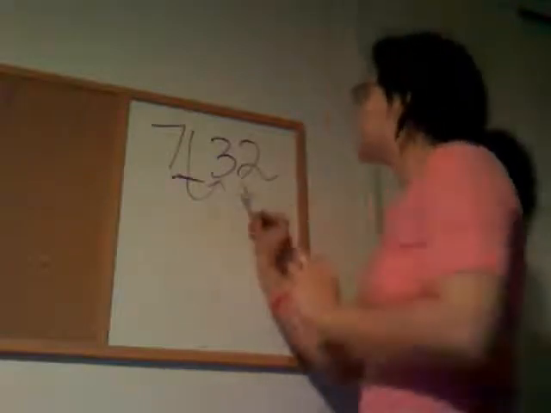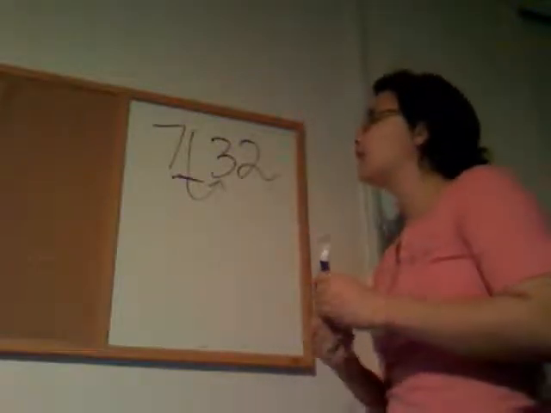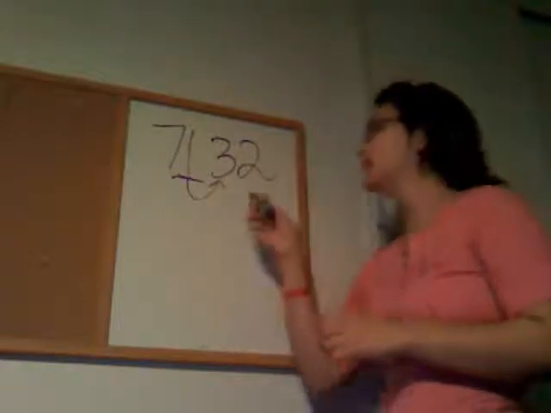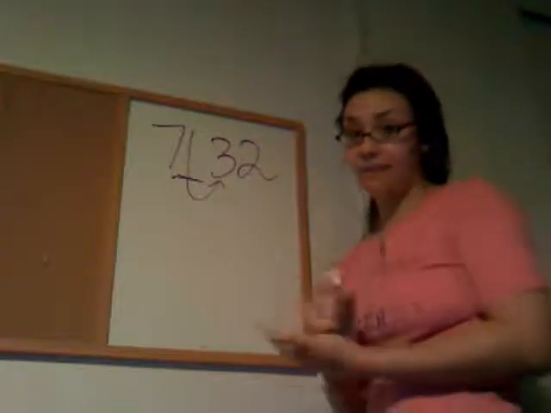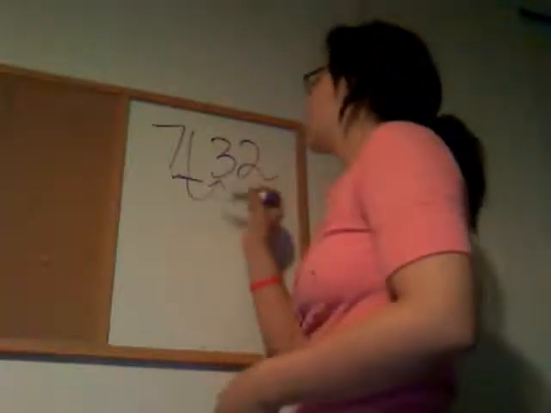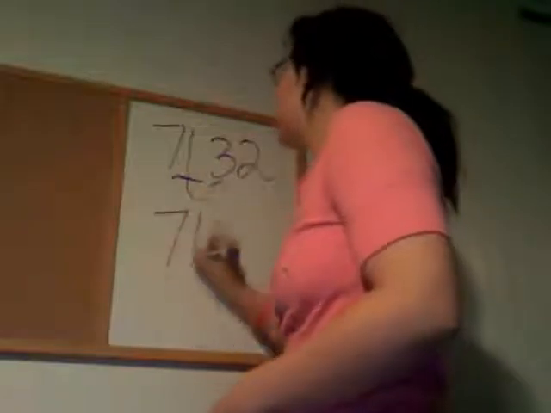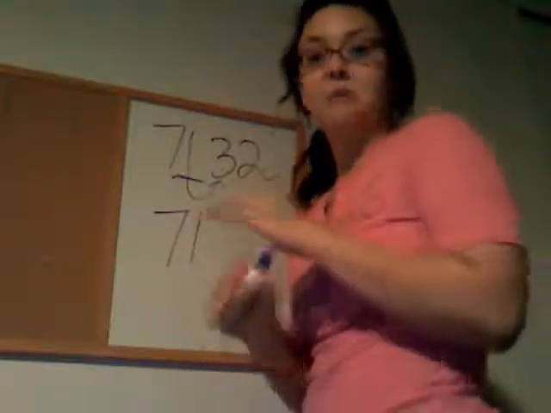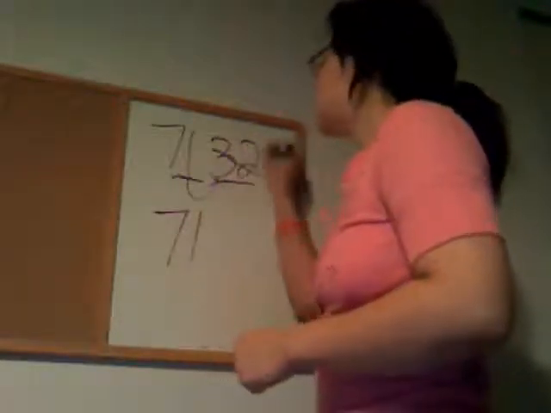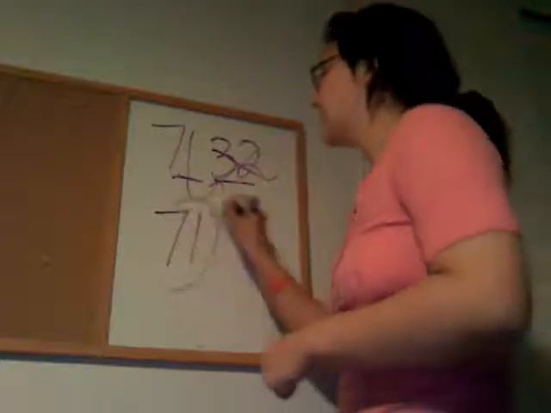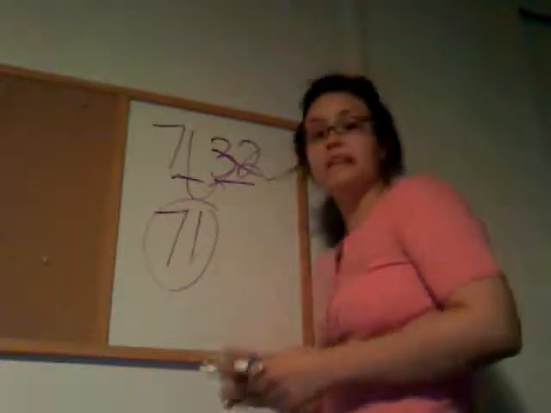Okay, and is this number greater than or equal to or less than 5? 3 is less than 5, so we just go down to 71 on that one, and that's our answer, because we just drop these numbers, giving us the answer of 71. So that's a kind of different one, rounding down, if you will, instead of up.